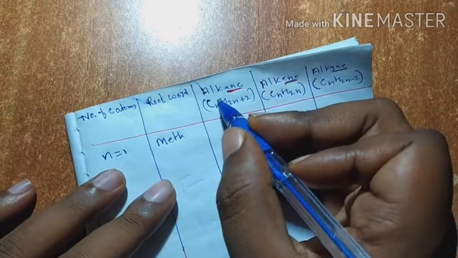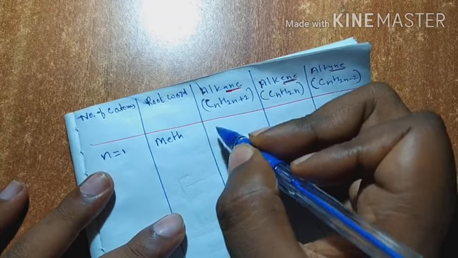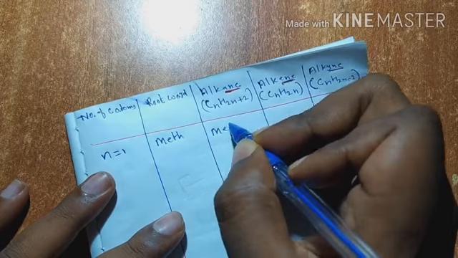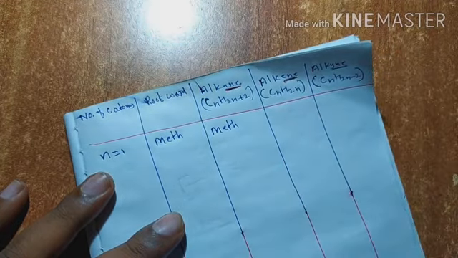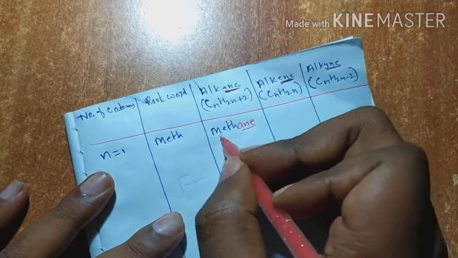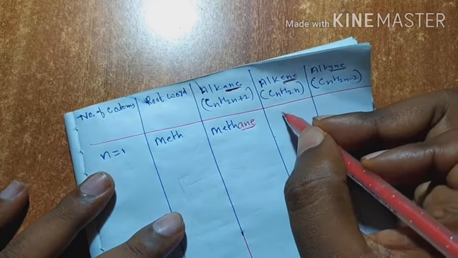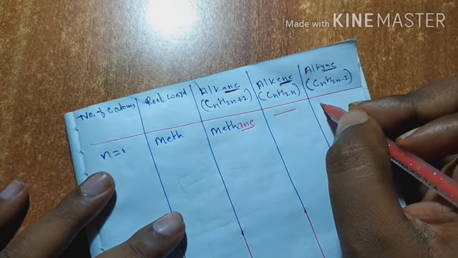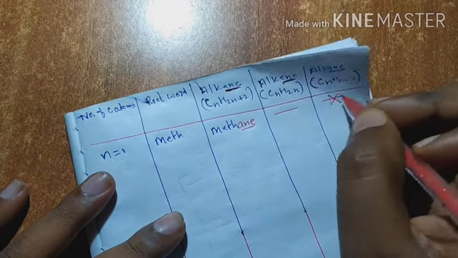So if you want to write the alkane name, write meth and add the suffix ane. So this will be methane. Methane does not exist as alkene or alkyne, that's why I'm crossing them here.